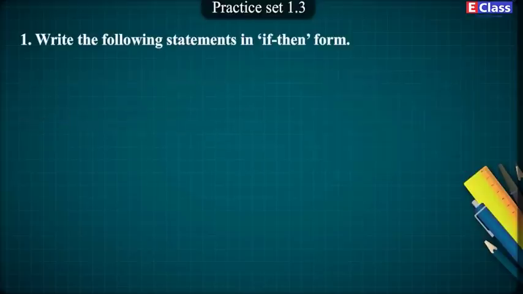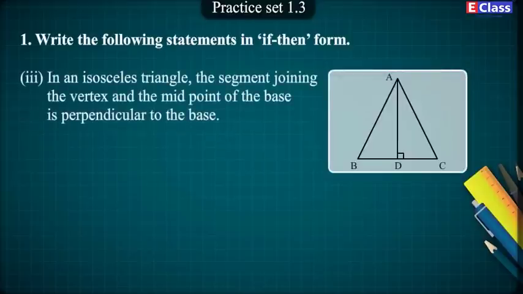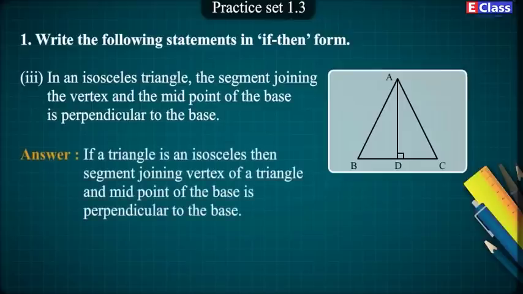3. In an isosceles triangle, the segment joining the vertex and the midpoint of the base is perpendicular to the base. Answer: if a triangle is an isosceles triangle, then the segment joining the vertex of the triangle and midpoint of the base is perpendicular to the base. 2.